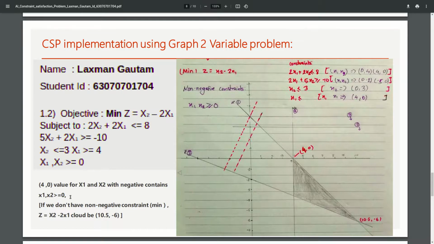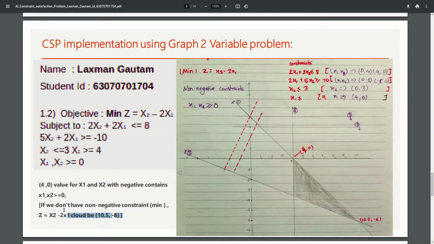This is the solution which we can see here. It shows that 4,0 is the value for x1 and x2, the best minimum value satisfying all the constraints. But if we don't have that last non-negativity constraint on x1 and x2, negative values would also be possible, and the actual minimum value we would get for the above equation is at 10.5 comma minus 6.